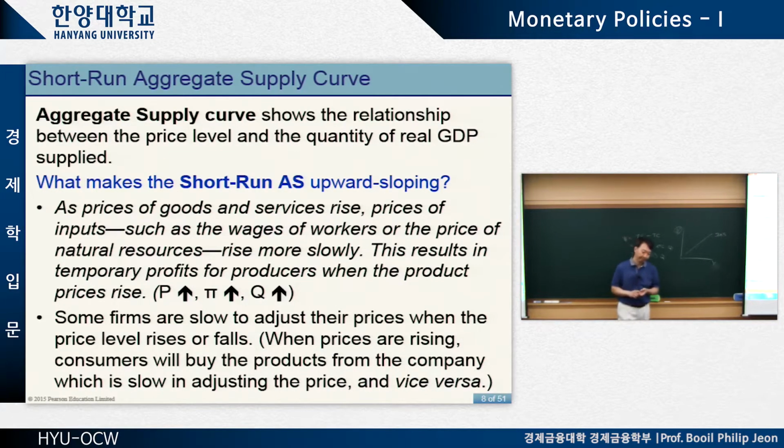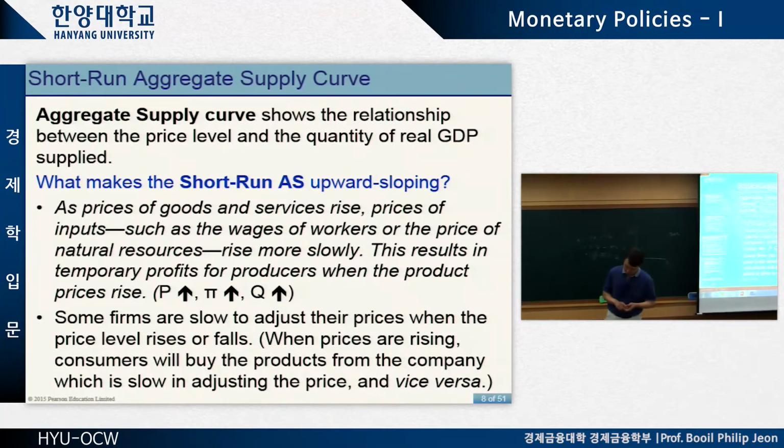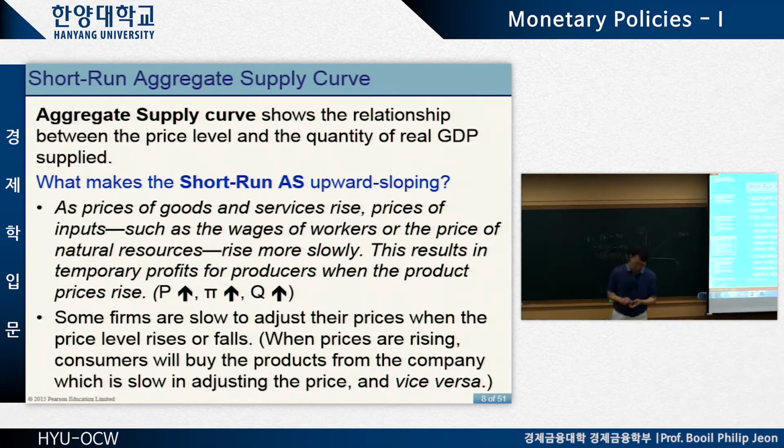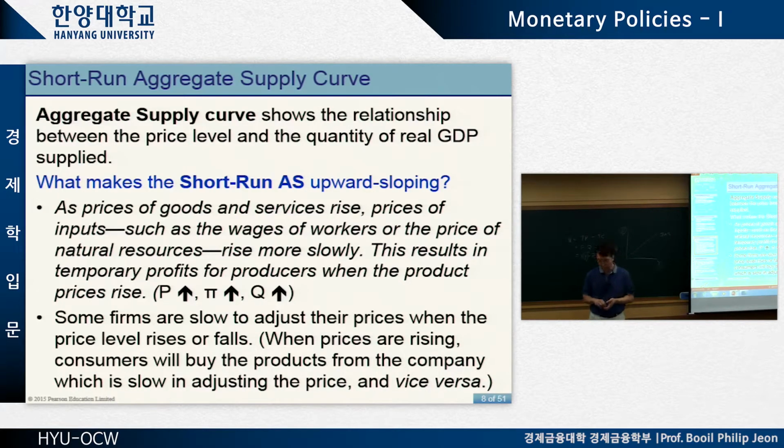So how do we explain the shape of a short-run aggregate supply curve? It's a little bit tricky, but let's try to understand what we're saying here. A couple of reasons are provided by our textbook. It says as the price of goods and services rise, prices of inputs such as wages and the price of natural resources rise more slowly.